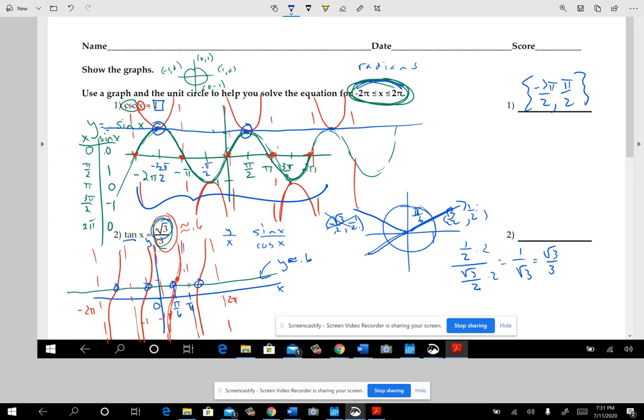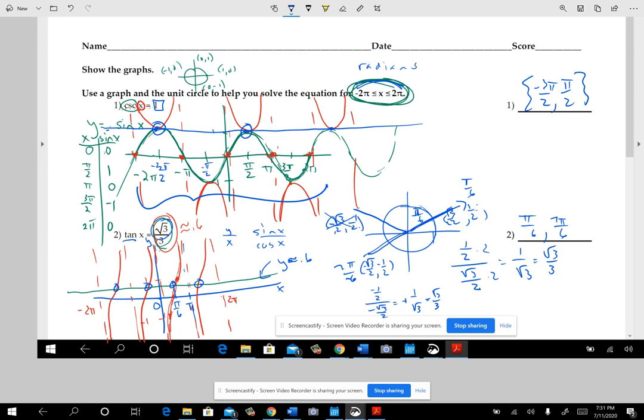That would be over there at 7 pi over 6. So at pi over 6 and at 7 pi over 6. See how that's negative square root of 3 over 2 and negative 1/2? If you did your y over your x on that, it would turn out to be a positive, just like before. And once you rationalize it, you'll get square root of 3 over 3. So from 0 to 2 pi, I've got pi over 6 and 7 pi over 6.